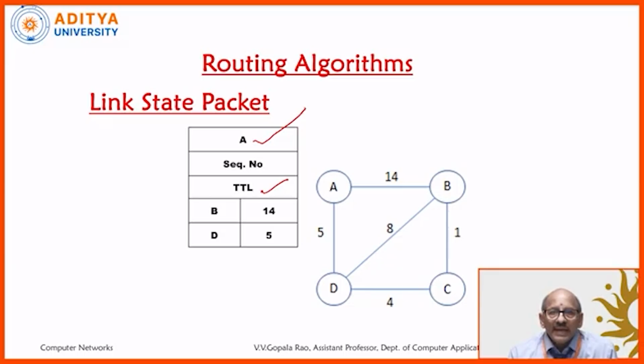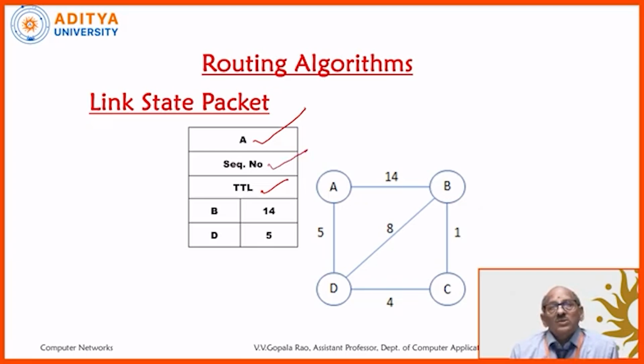To make it clear, the router indicates the sequence number so that the neighboring routers can understand the number of the current packet, and whether it is duplicated or a new one. They can identify this by knowing the exact sequence number of the packet in the transaction. That is the reason the sequence number is shown.